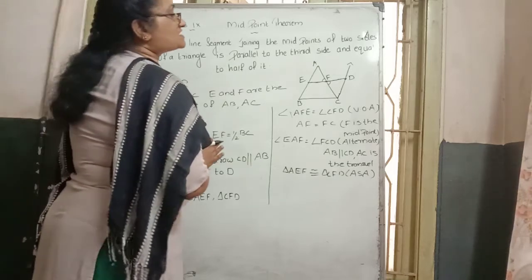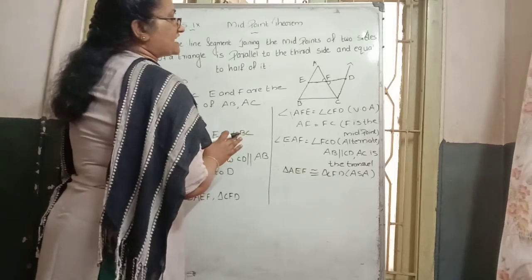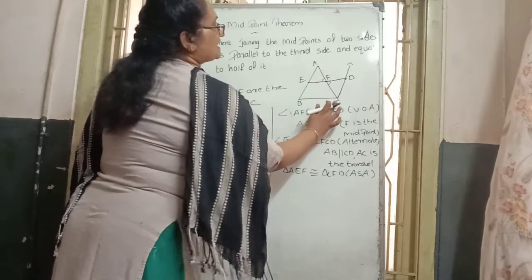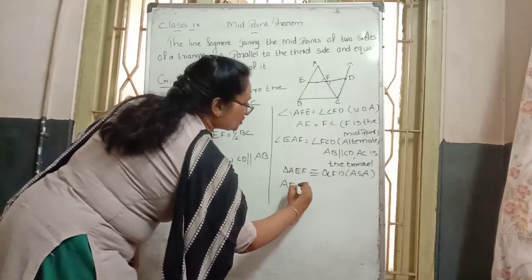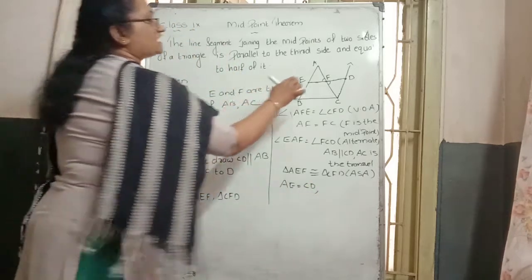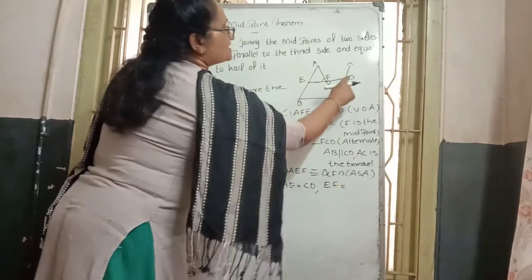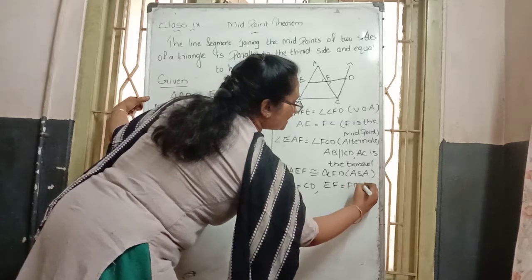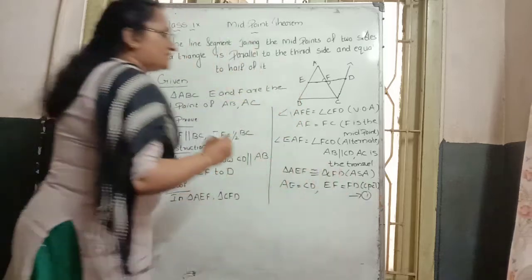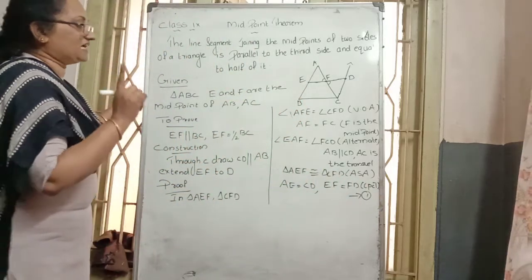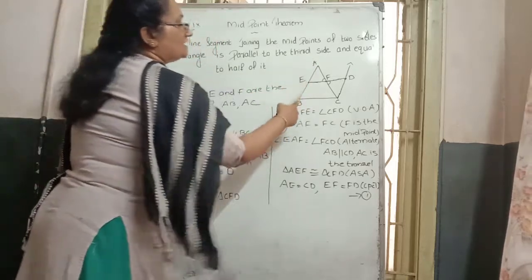Then by CPCT, AE is equal to CD. In the same way, the third side of the first triangle, EF, is equal to the third side of the second triangle, FD, by CPCT. Mark it as equation 1. Then next, we know that AE is equal to BE.